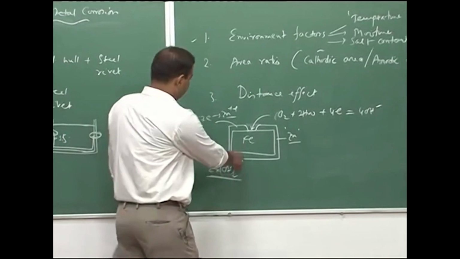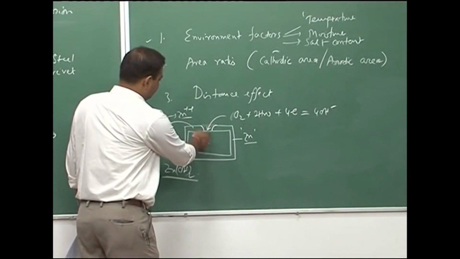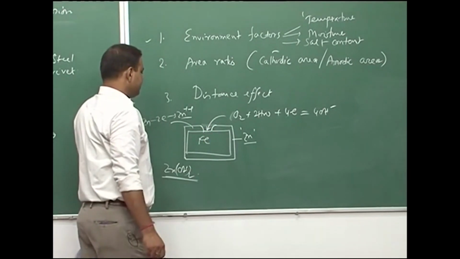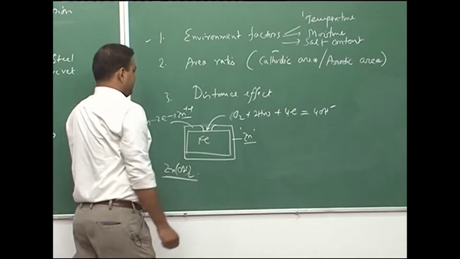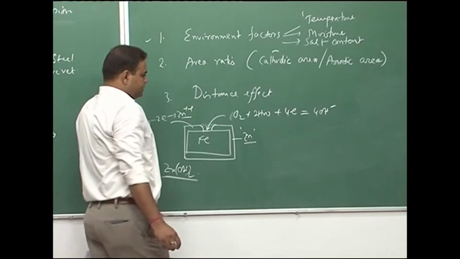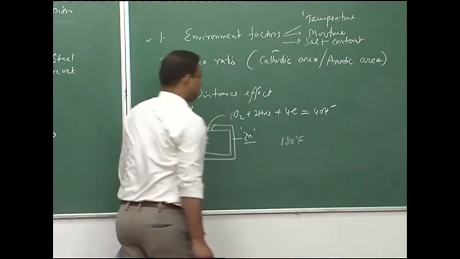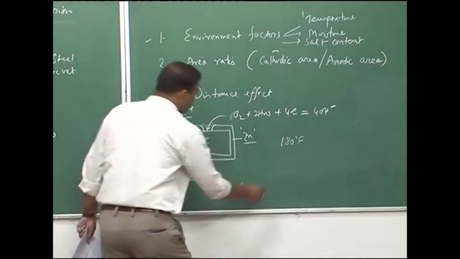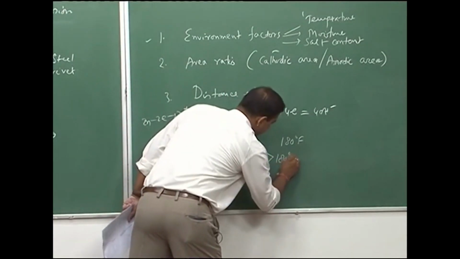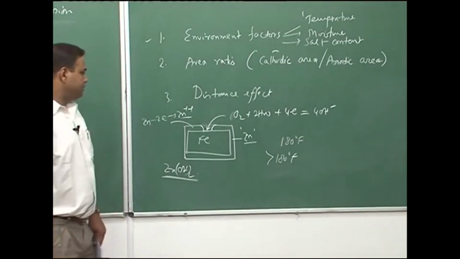This process, the cathodic protection of iron, self protected, with zinc corroding, will go on until 180 degrees Fahrenheit. If it is more than 180 degrees Fahrenheit, the situation will be different.